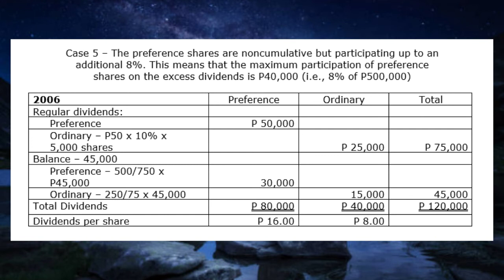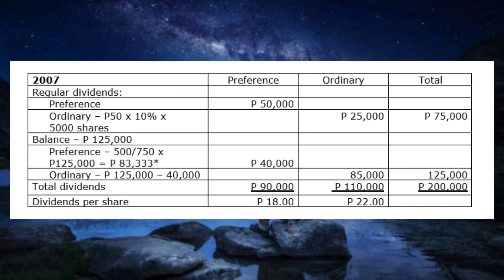Total dividends, preference: 80,000 pesos. Ordinary: 40,000 pesos. Total of 120,000 pesos. Dividends per share, preference: 16 pesos. Ordinary: 8 pesos.